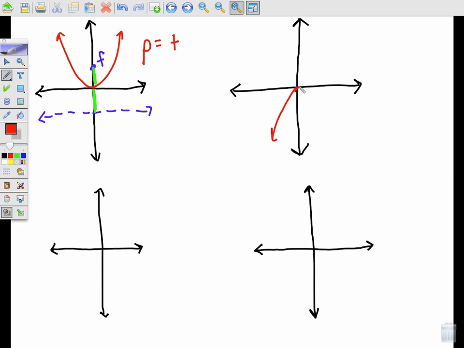Okay, let's look at a parabola opening down. Our p-value is going to be negative. The focus is on the inside, so the directrix would be above it, but the same distance away. These would be the same measurement. All right, let's look at one that's opening to the right.